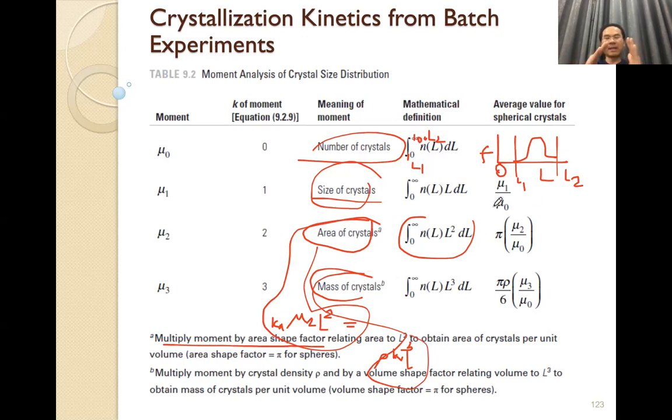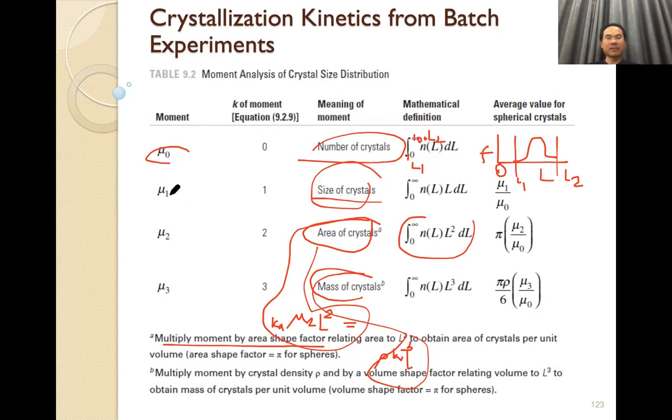If you know the size distribution, like previously, you know n is a function of L, like the continuous one, then you can integrate n(L) dL. And also you know L is a function of L. You can integrate this by numerical or by analytical technique. And then you can calculate mu1, mu0. Mu0 is the total number.